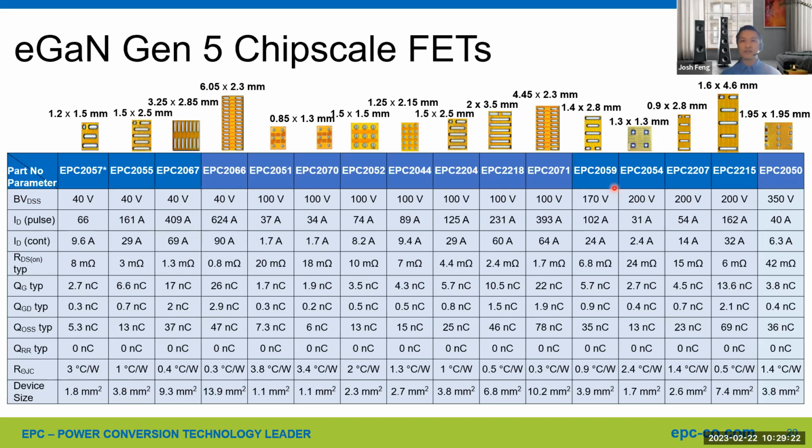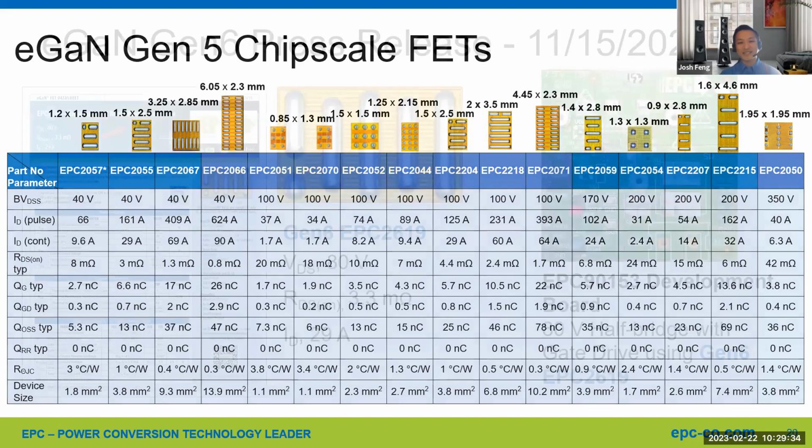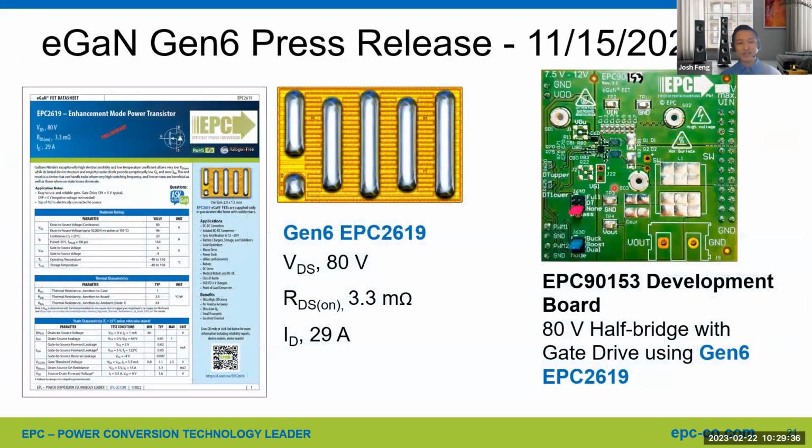And if there's any audience out here that might ask, what about your Gen 6? I think Gen 6 is quite important, as we mentioned earlier in one of the solutions, and it's important to dedicate one slide to briefly highlight our Generation 6, where the product is called 26819. We did an early engineering press release back in November 15.